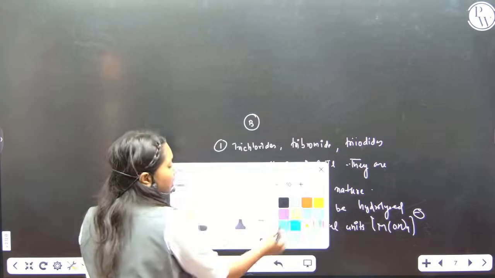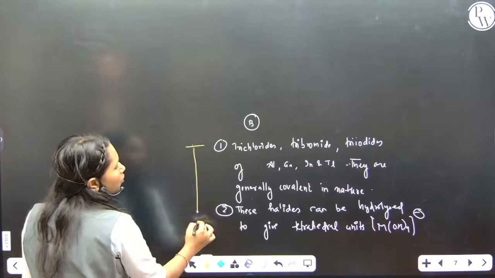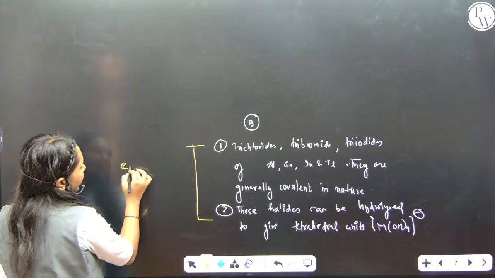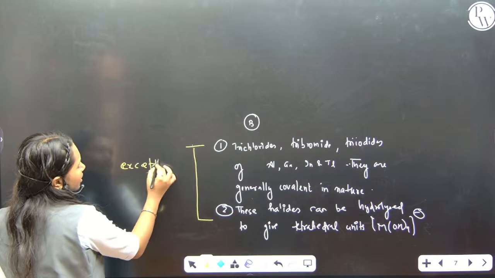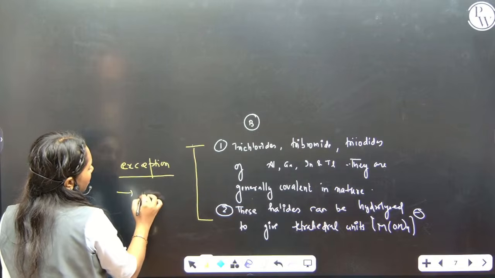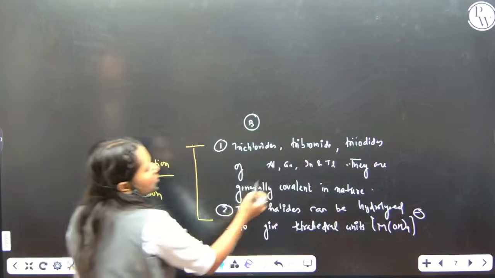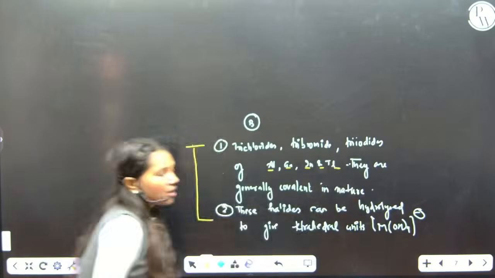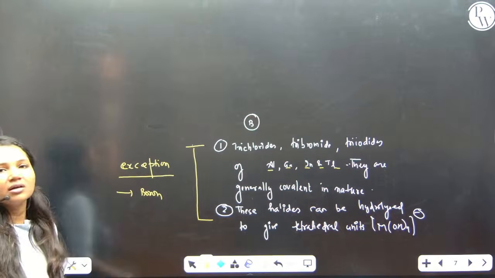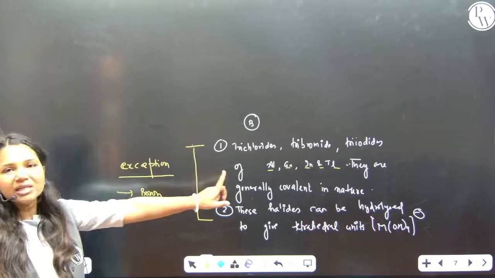But who does not follow this? The exception is boron. Who all do this? Aluminium, gallium, indium, thallium. But who does not follow this trend? That is boron. Okay, first anomalous behavior.